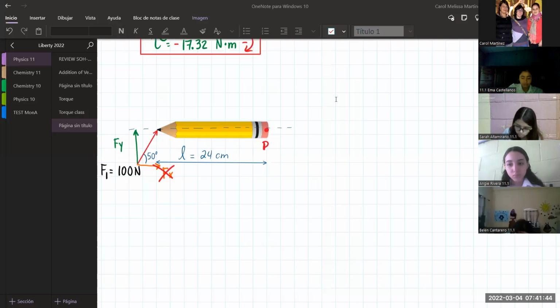Now, what type of angle do we have? Horizontal or vertical? The angle that we have is horizontal. It's touching the hypotenuse, and it's touching this component, okay?